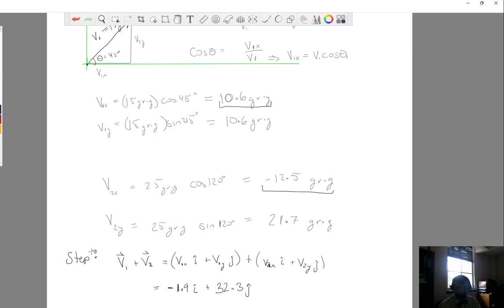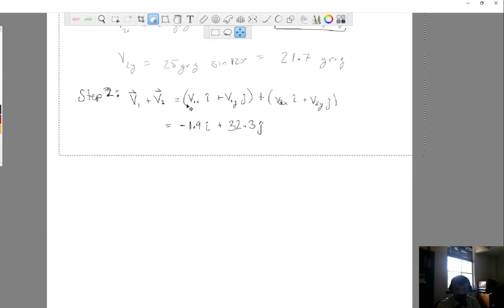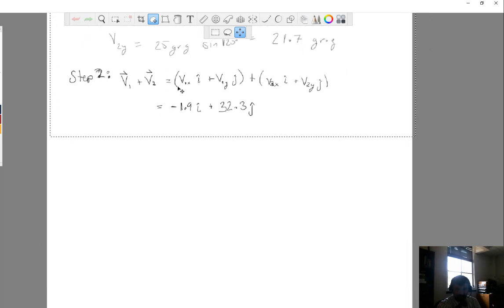Step 2 is just straight algebra. Step 3 basically is that you want to convert everything back to polar form. So now that I've moved this guy up here, we can write here step 3.